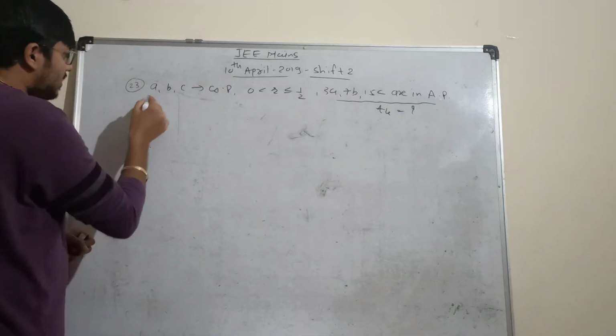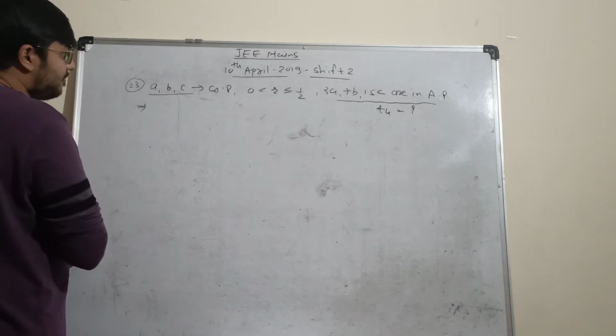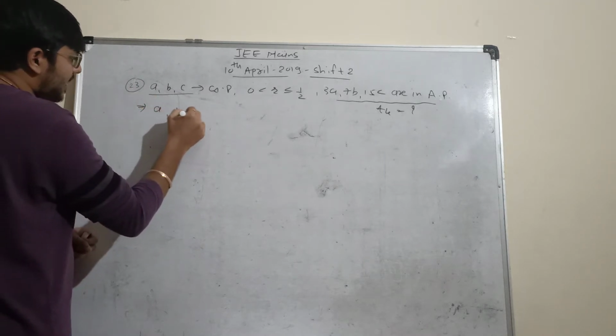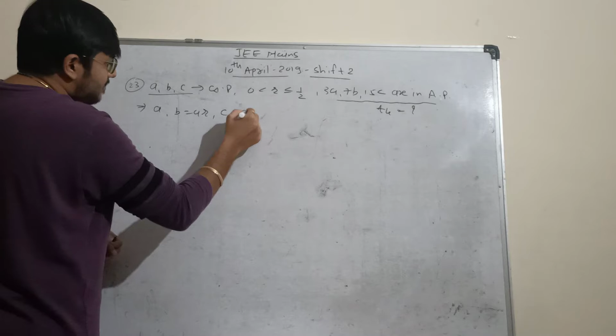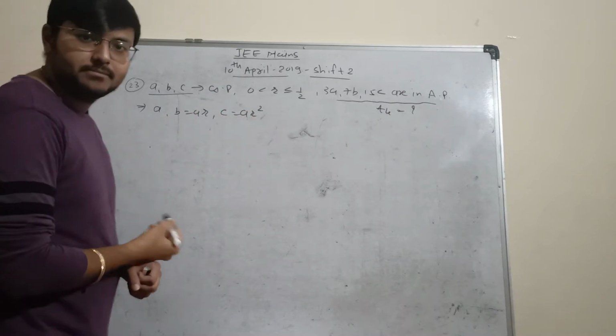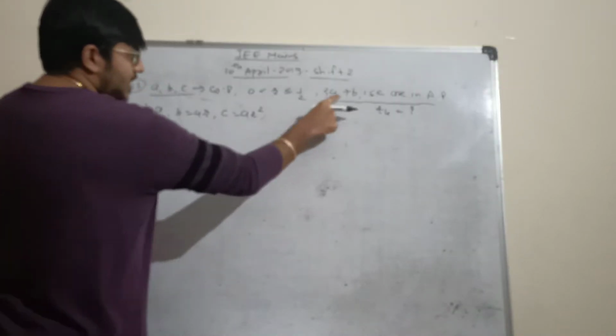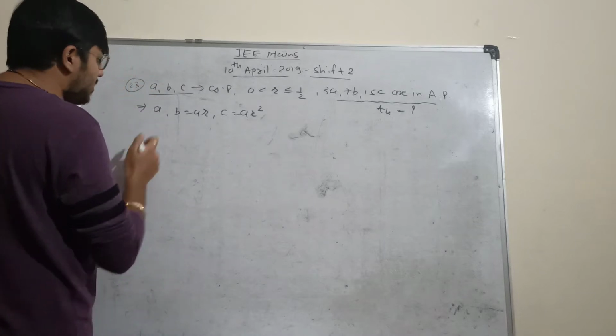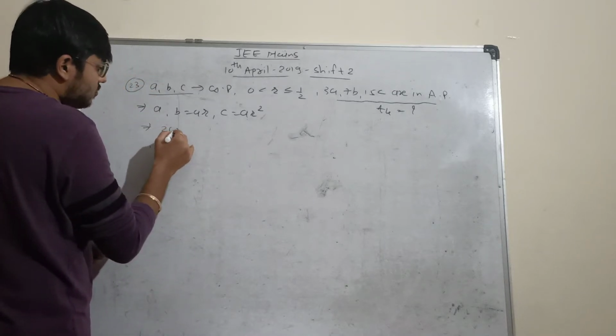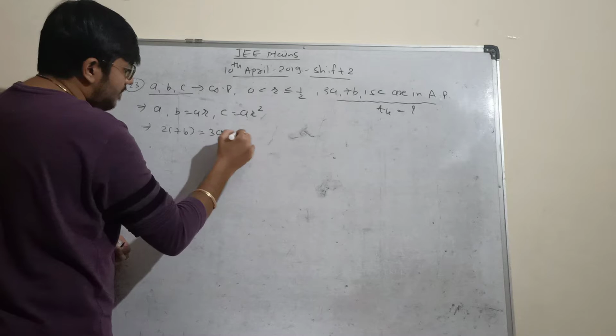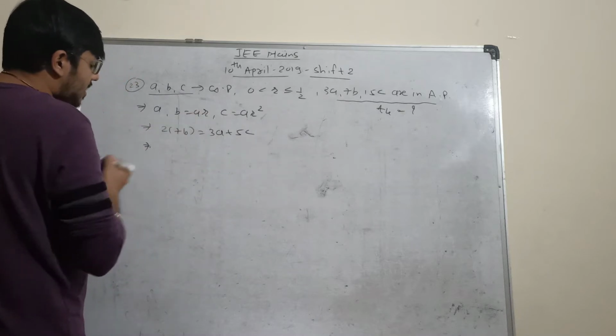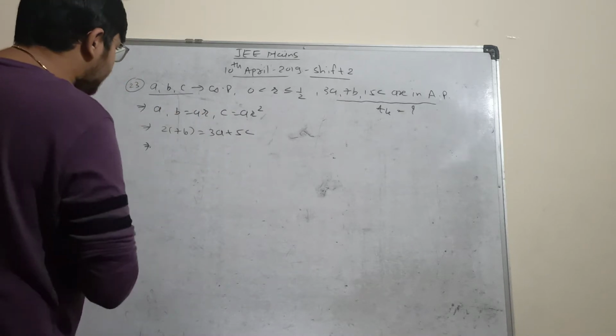Okay. So let me take the first term as a. So b can be written as ar and c can be written as ar squared. Right? Now if 3a, 7b and 15c are in AP, according to the rule, 2 times 7b equals 3a plus 15c. Now let's put the values in terms of a.